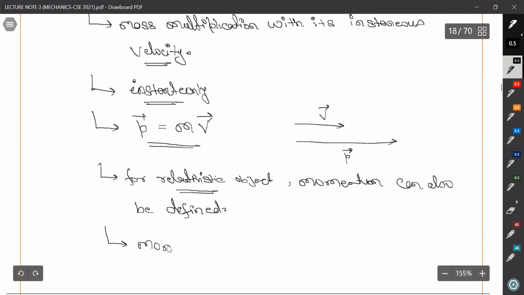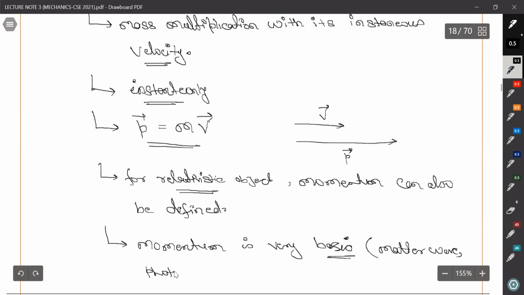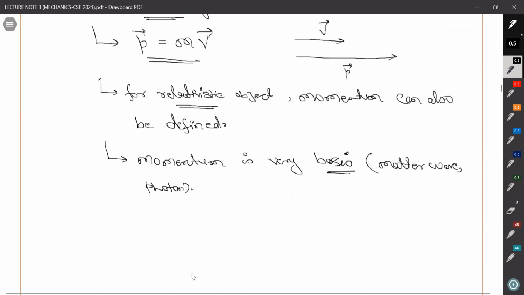So momentum is very basic. We can define it for matter waves also, and for photons also.